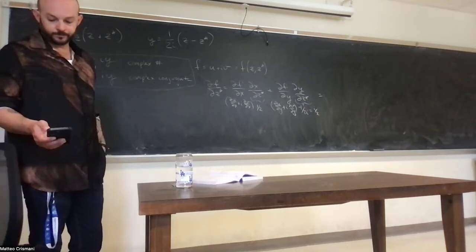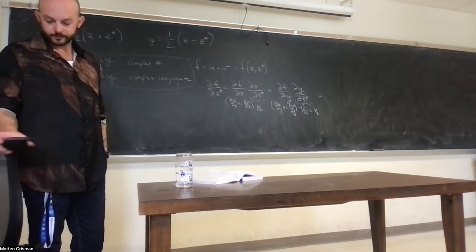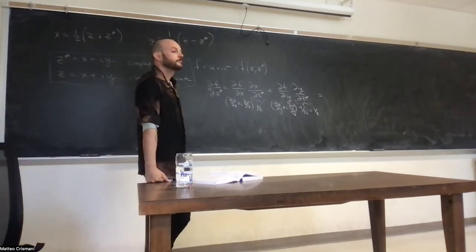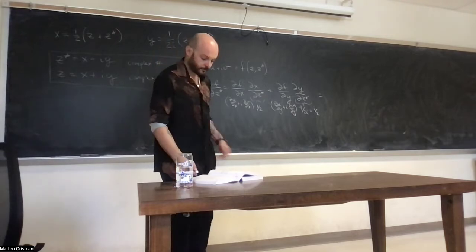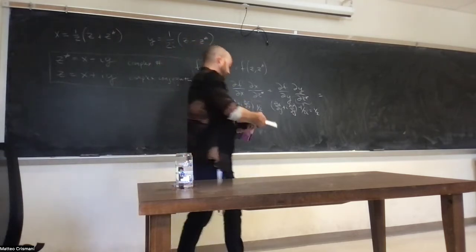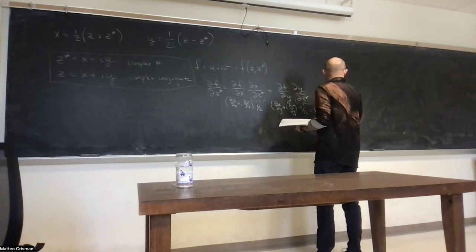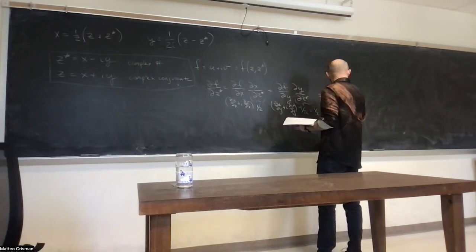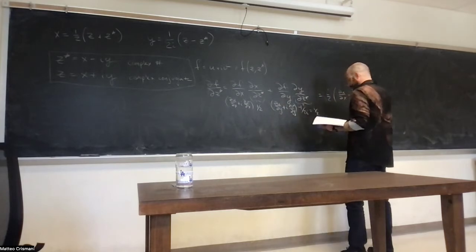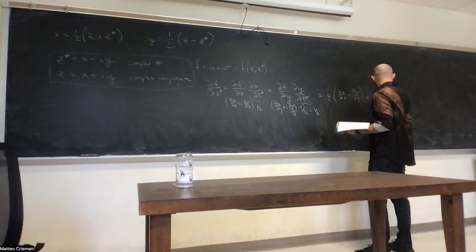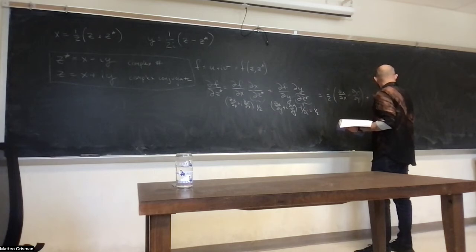All right. What do we got? 1/2 times du dx minus dv dy, plus i times the parentheses of dv dx plus du dy.